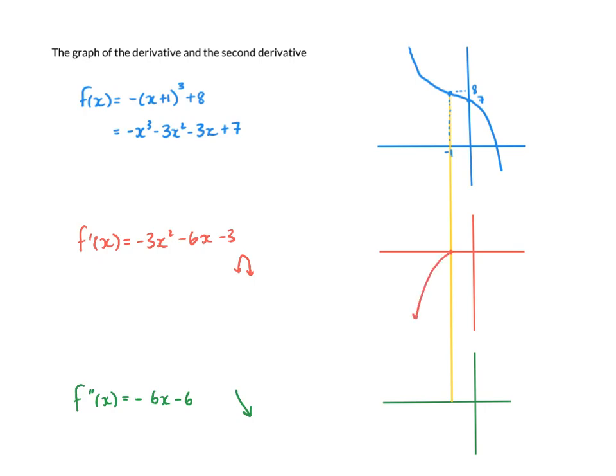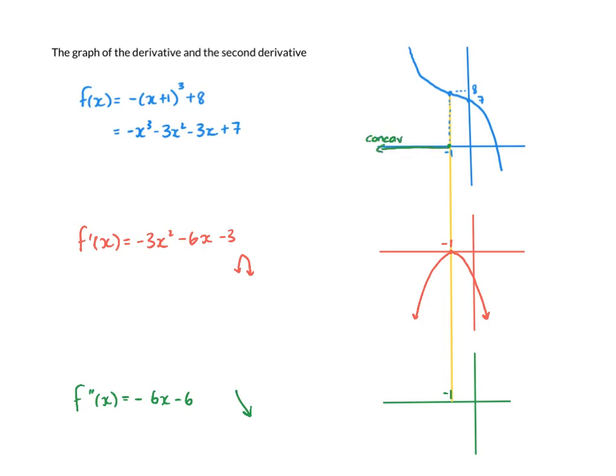Now, the shape of my parabola we've already discussed, and I know that when x is negative 1, I will have a 0 value for my first derivative. In this case, for the second derivative, I have my inflection point also at negative 1.